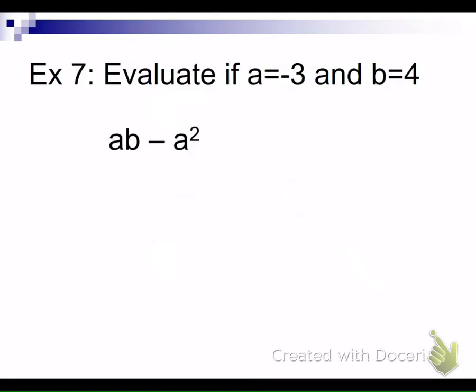All right, here is example 7. We are going to evaluate if A equals negative 3 and B equals 4 for A times B minus A squared. This is, I believe, our last example of the day.